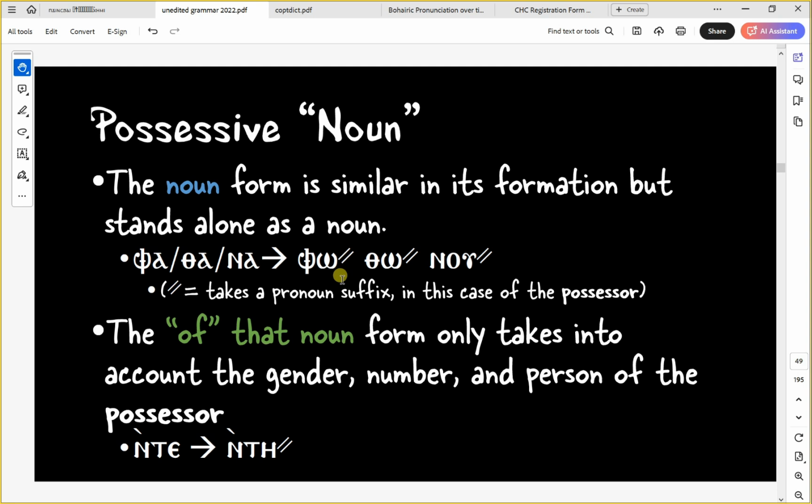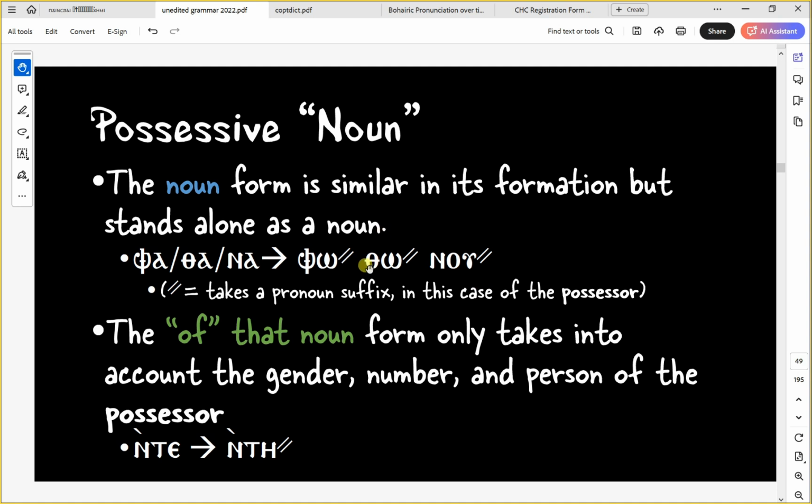It could either be the object or the subject. In this case, it's the object. So if you take fa, tha, na to mean of, and then fo, tho, nu to also mean of, when you put the suffix after, it'll be of me, of you, of her. So that is now the object of that prepositional phrase.